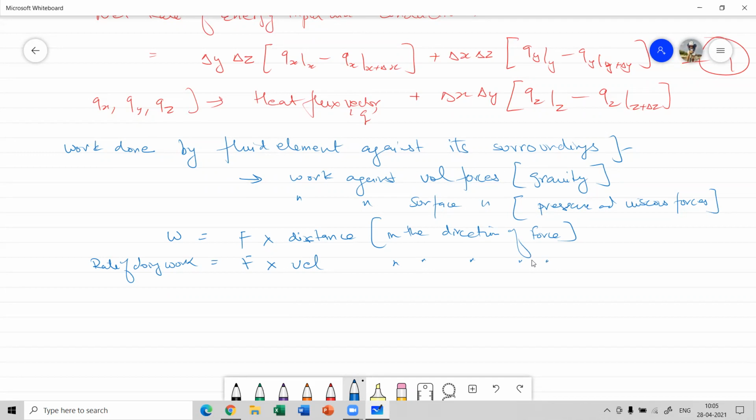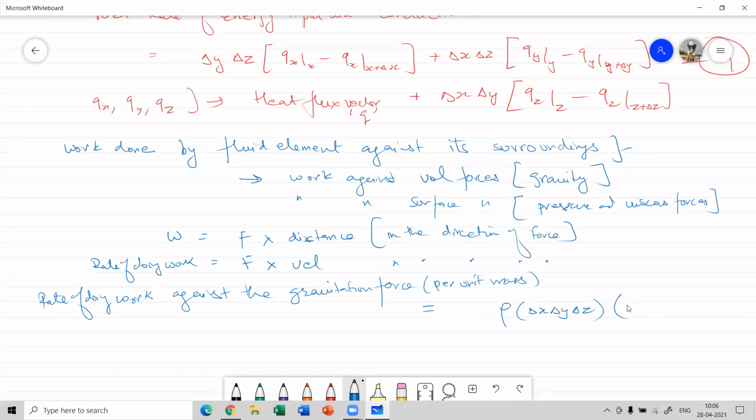So when we say rate of doing work against the gravitational force, that is per unit mass, it will be represented as rho into delta x, delta y, delta z into Vx into Gx plus Vy into Gy plus Vz into Gz.